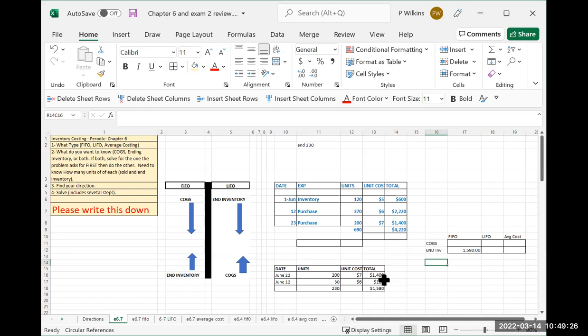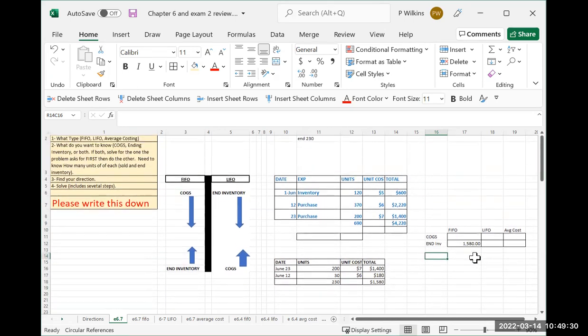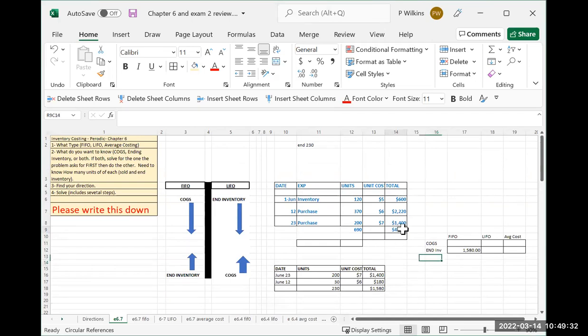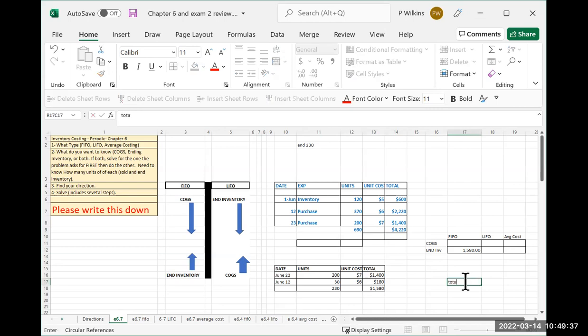Now, if we want to find out the cost of goods sold really quickly, all we have to do is take the total that was available for sale. We had 4,220 available, right? Total available was $4,220. Okay, total cost of all goods available, from up here.